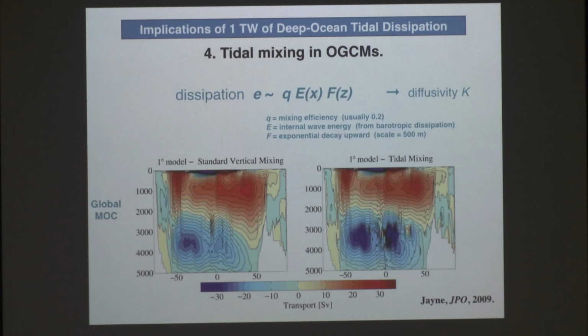If tidal mixing is important, that means that people that run ocean general circulation models have to somehow parameterize that in their models. And there are now a number of models that have tried to do that. I think Steve Jayne was one of the first.